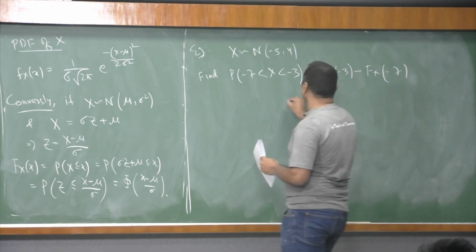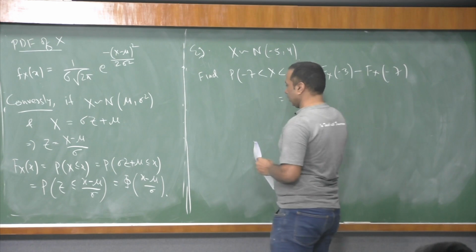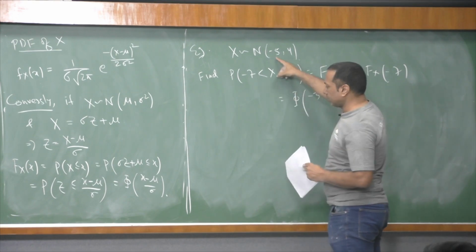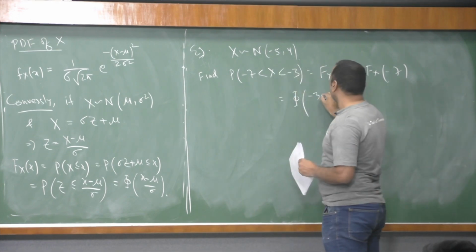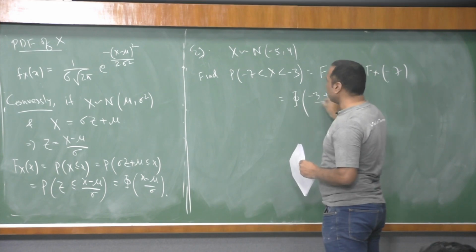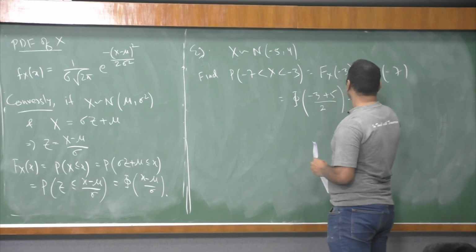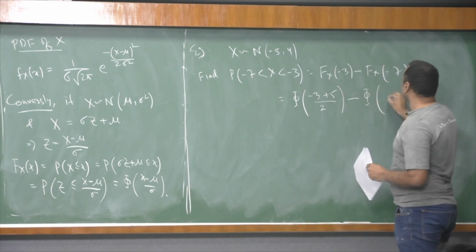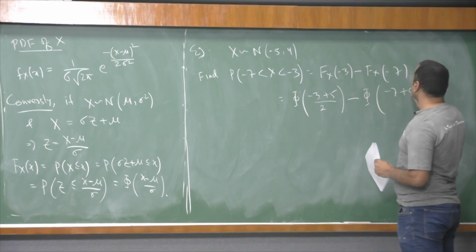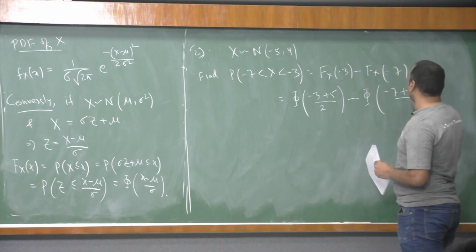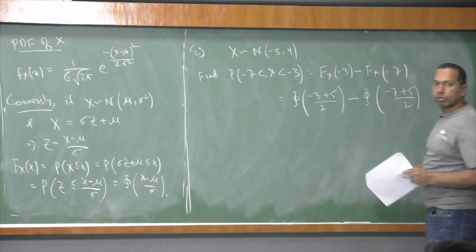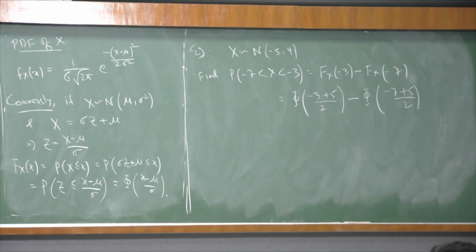So x in this case is minus 3, mu is minus 5, so minus 3 plus 5, divided by sigma, which is 2. Sigma squared is 4, so sigma is 2. And minus phi of (minus 7 plus 5) divided by 2. Then we can look in the table to get these values. Okay, so we know how to compute probabilities when we have the normal distribution given to us.